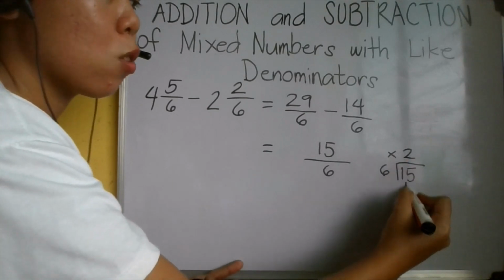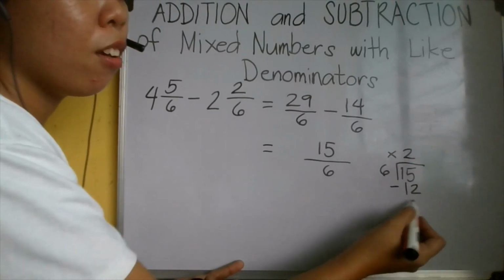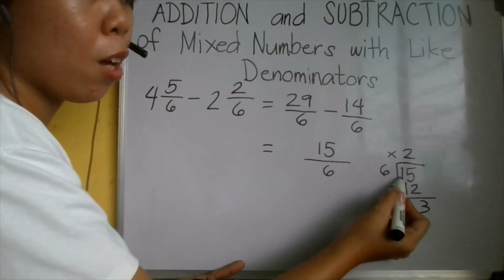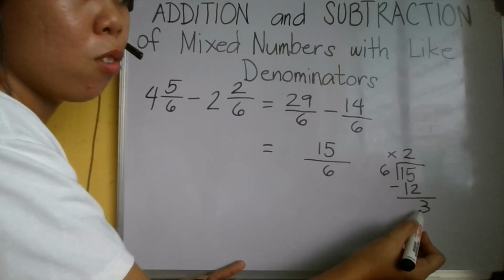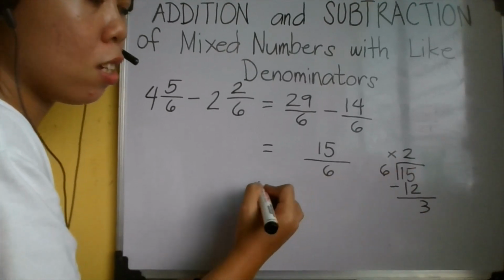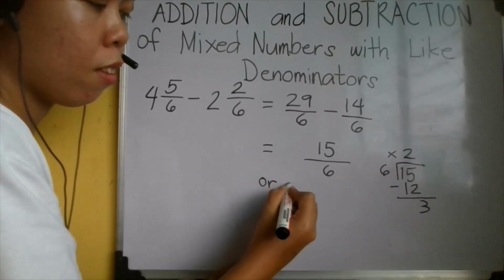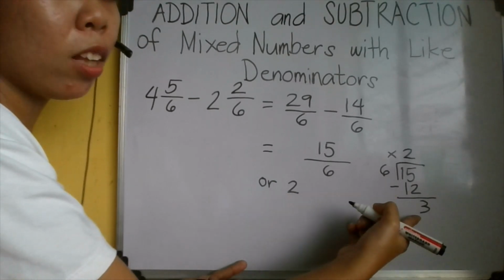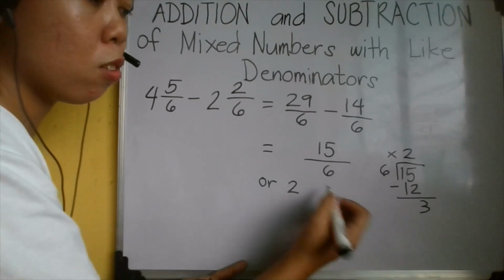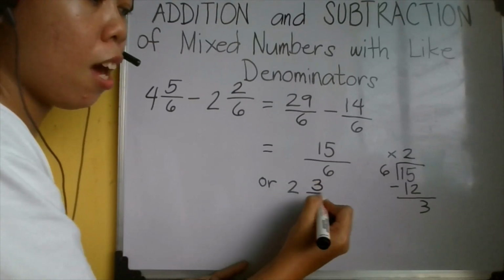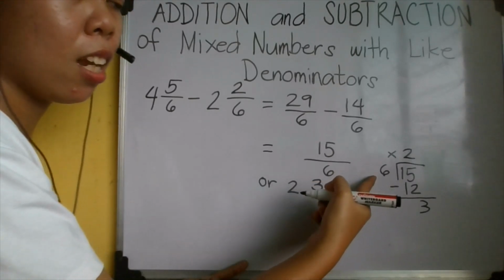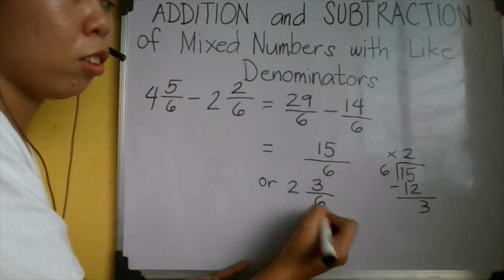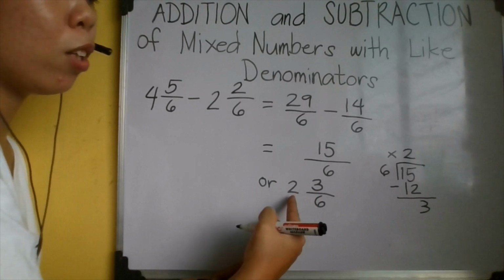Then, subtract 15 minus 12, we have 3. Our quotient is 2, ay magiging whole number. Then, yung numerator ay ang remainder, so that is 3. Then, yung denominator natin will never change, so that is 6. So, 15/6 is equal to 2 and 3/6.